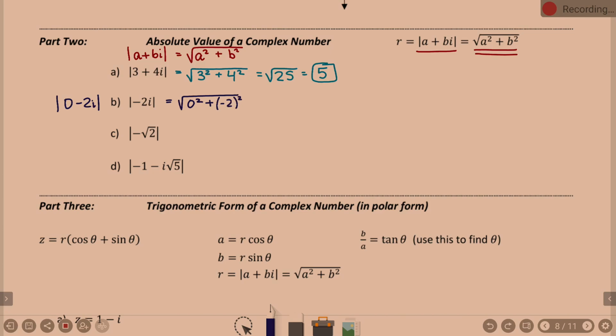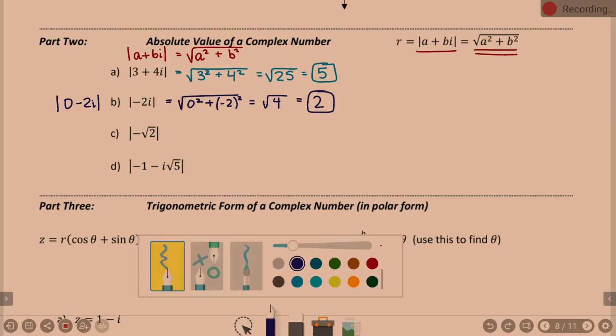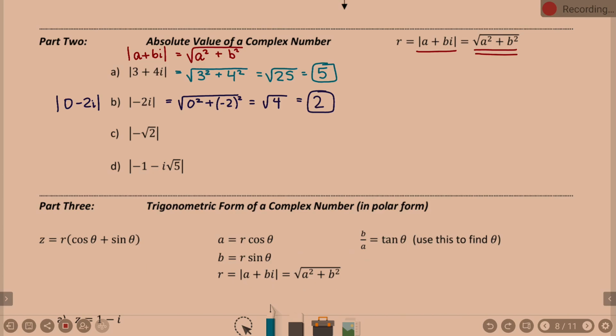So negative 2 squared. Now, folks, I need you to be smarter than this. 0 squared is 0. What is negative 2 squared? Negative 4. Shush it. Negative 2 squared is positive 4. And the square root of 4 is 2. I have to have you guys knowing that, okay? I don't think you're one that has made this mistake on a quiz or a test, though.